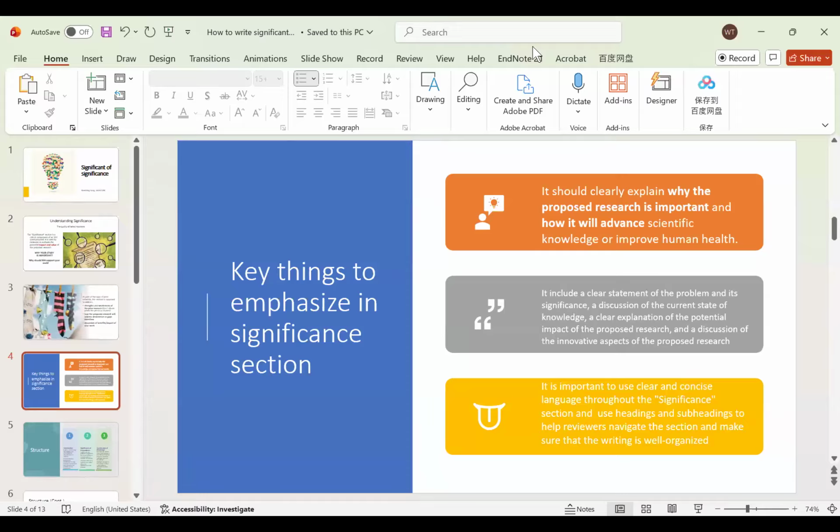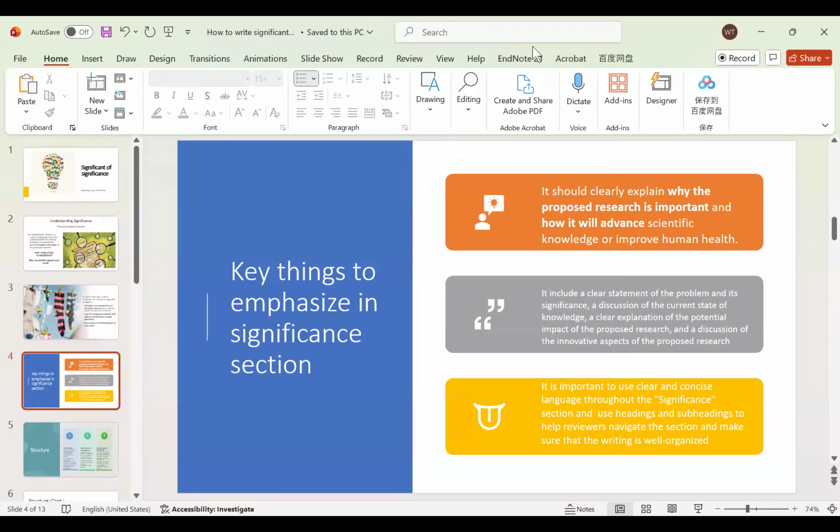But in the first paragraph of the whole Aims page, space is very limited. You may not have enough space to clearly mention the problems and use potential evidence to support the problems of your proposed study.